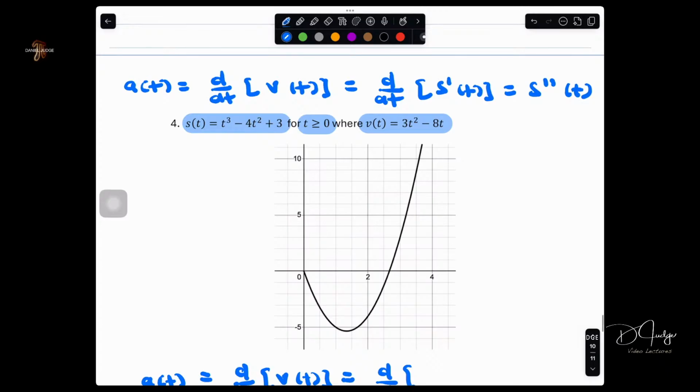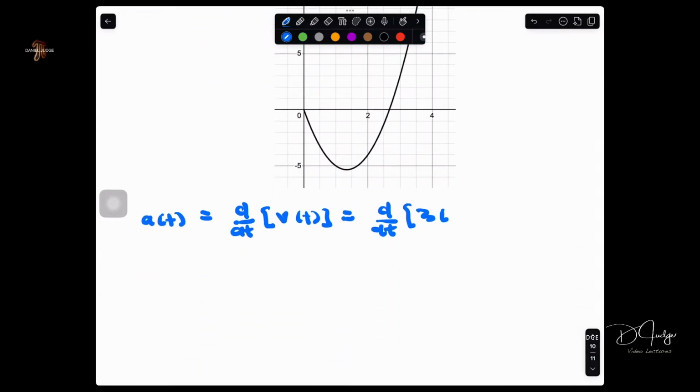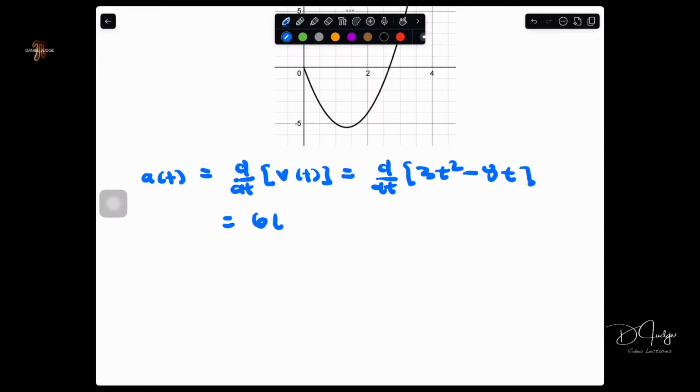Velocity is 3t squared minus 8t. All right. That derivative will be simply 6t minus 8. So the acceleration function here is 6t minus 8.